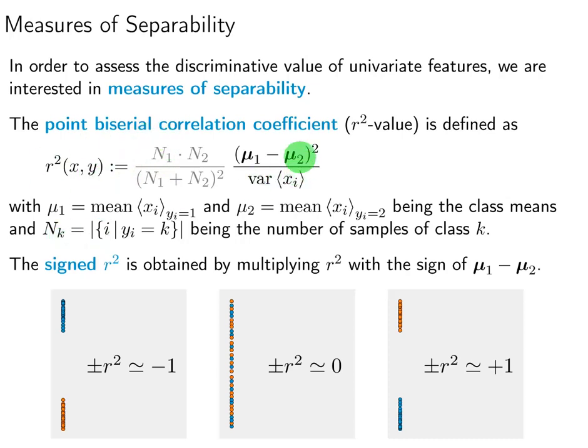So we can calculate this r squared, or point biserial correlation coefficient.